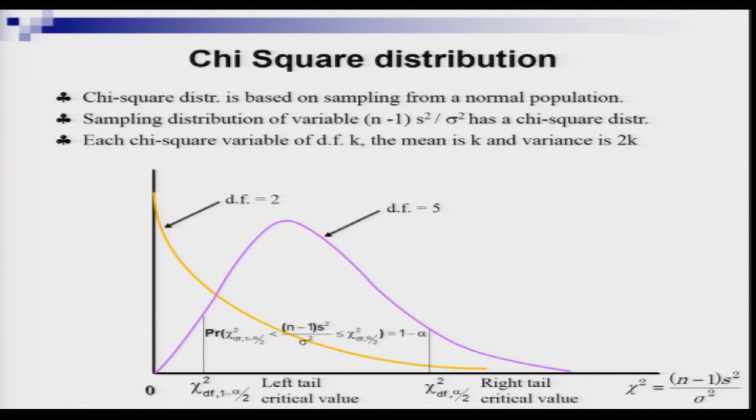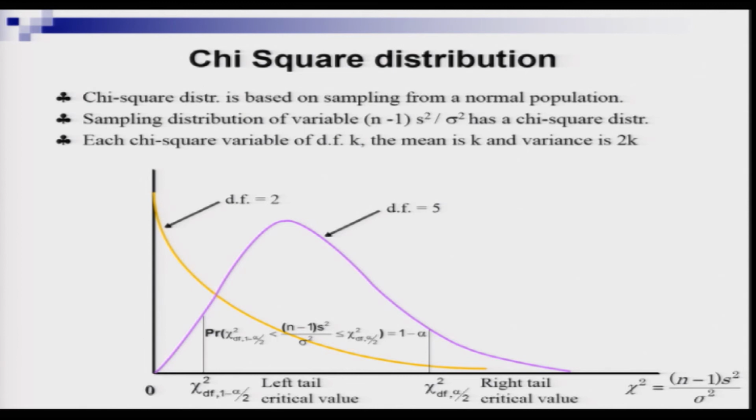Now, let us look at a diagram of chi-square distribution, and I am going to show you various things through this one single diagram. Along the x axis I am going to plot various values of the continuous random variable chi-square, defined as n minus 1 a squared divided by sigma square, and along the y axis I am going to plot the probability value, so it measures the PDF.